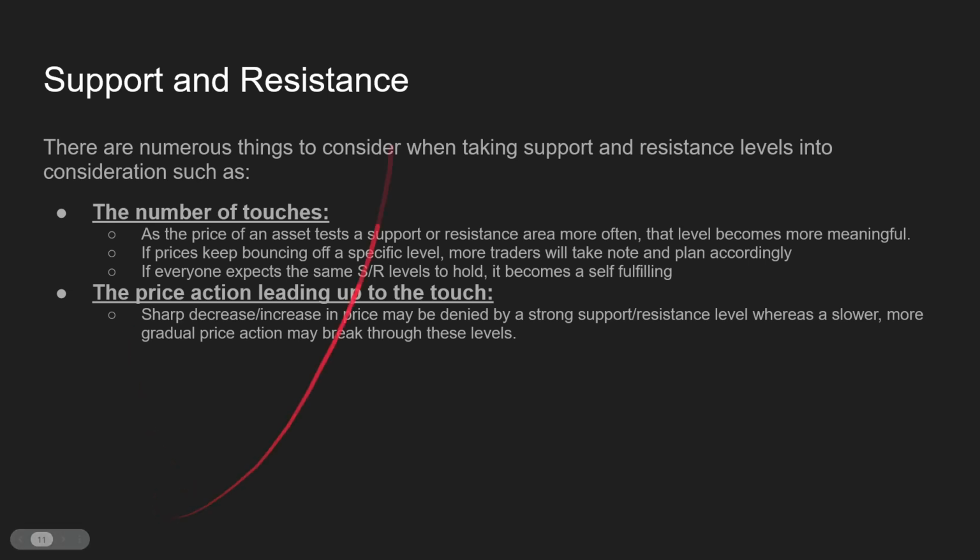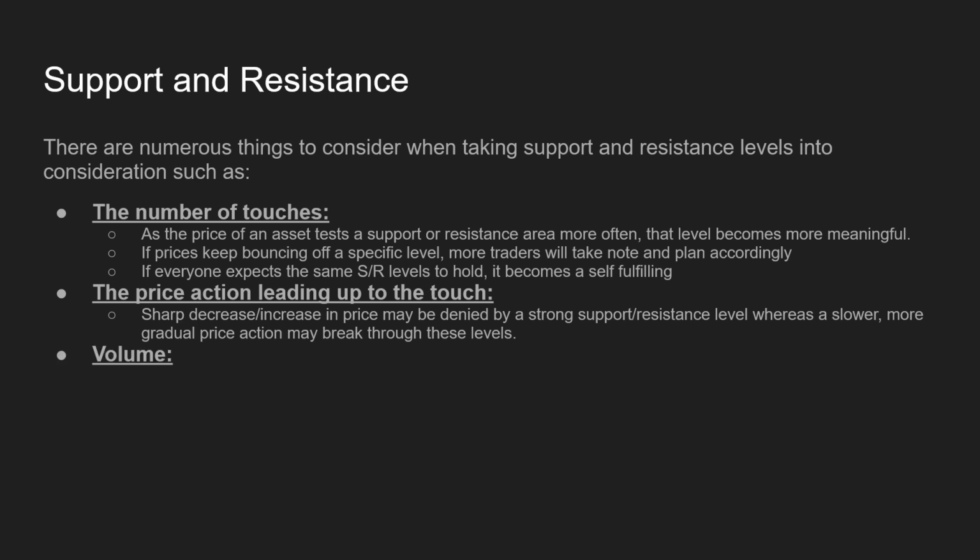So if things are just ramping up way too quick, a strong level of resistance or support may hold true and may be a much more significant level to counter that sharp volatility in price, compared to a more gradual approach where price action is gradually breaking down or gradually breaking upwards. That will more likely lead to a breakthrough through these levels.